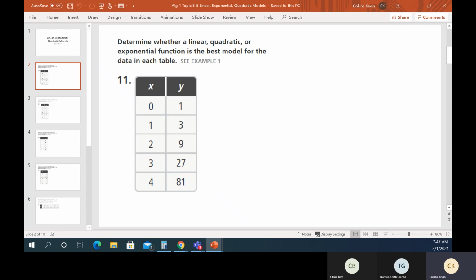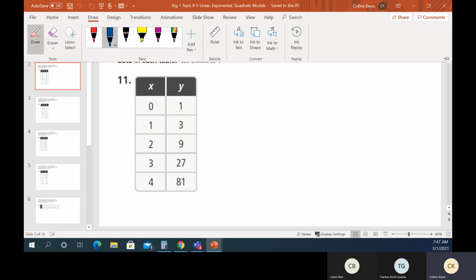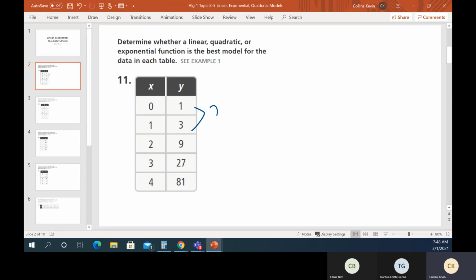If it's a linear function, the difference between the y values will be the same. So let's look at the y values. If I go from 1 to 3, that's 2. From 3 to 9, that's 6. From 9 to 27, that's 18.